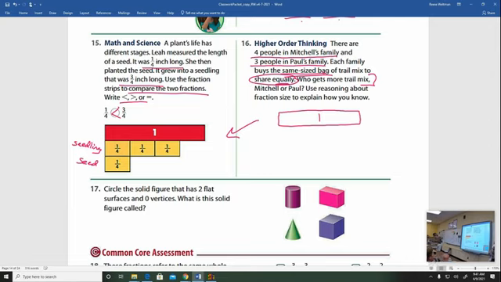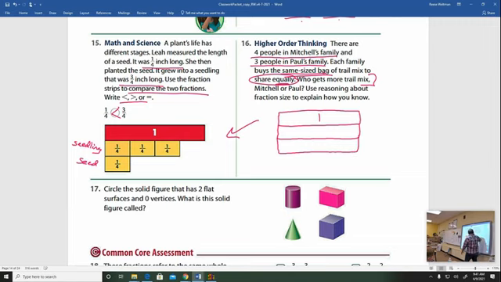Allie? What do you think? And how many for Mitchell's? 4. Mitchell's. That's right. So, let's say we drew 2 more of these.